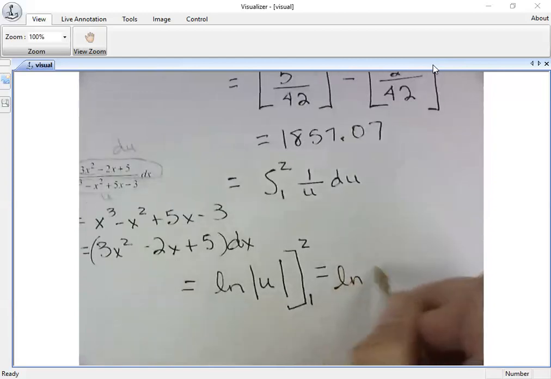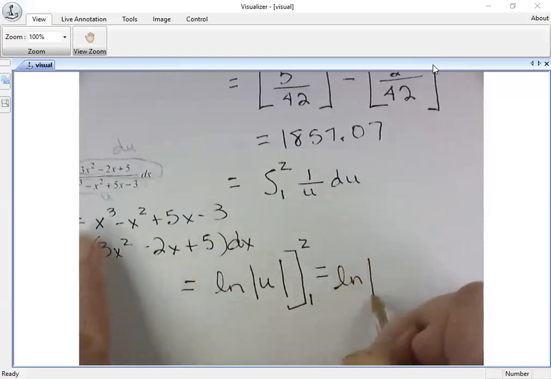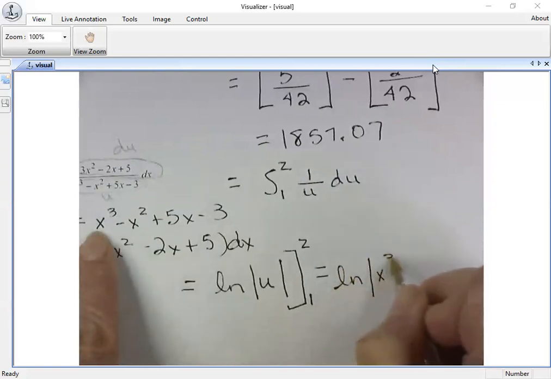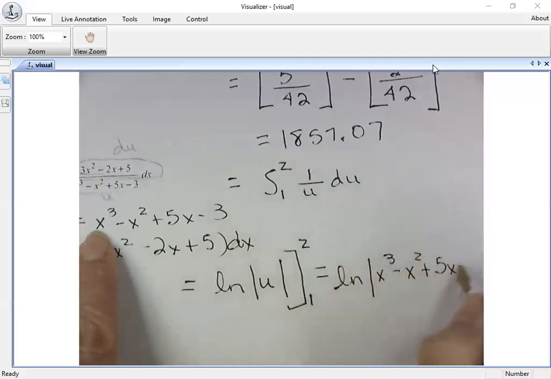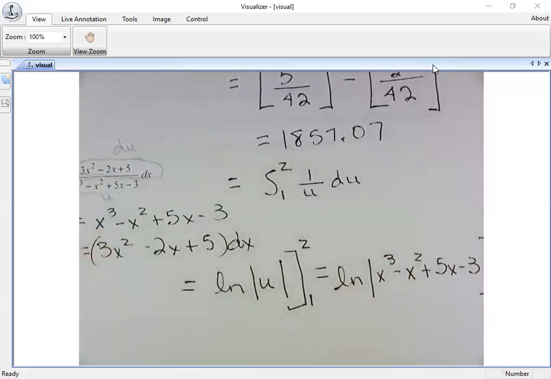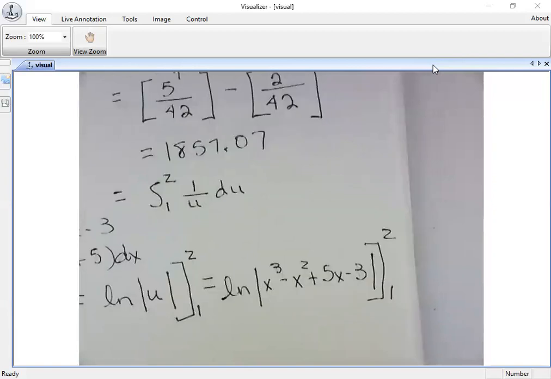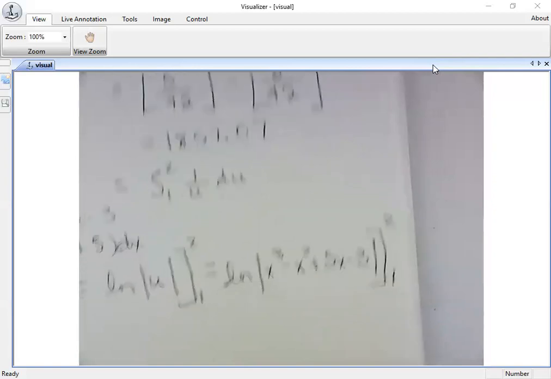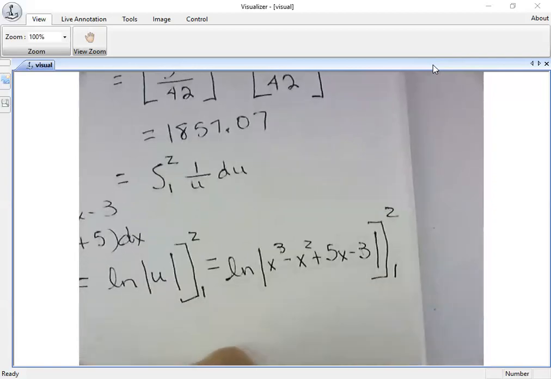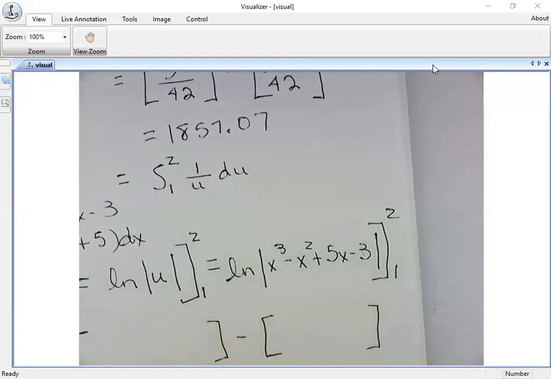So this becomes the natural log of the absolute value of x cubed minus x squared plus 5x minus 3, and we'll go from 1 to 2. How many brackets? 2. I need an upper minus a lower because of the fundamental theorem of calculus.